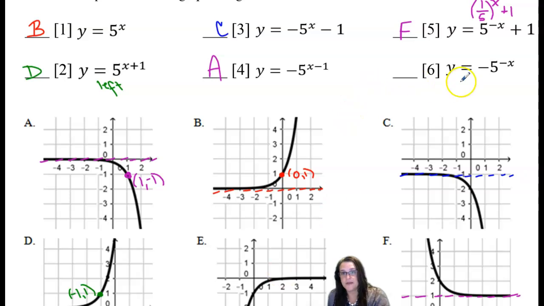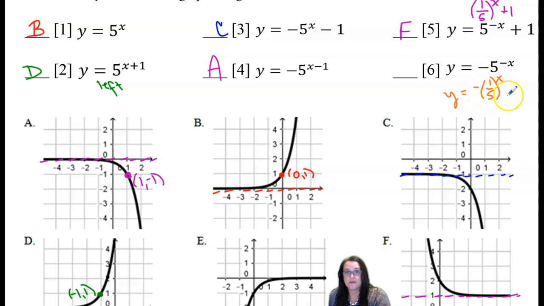And then number 6, y equals -5 to the negative x. This is going to be the same as -(1/5) raised to the positive x, because again, that negative exponent means to take the reciprocal of the base.